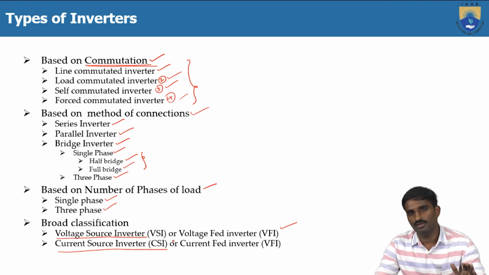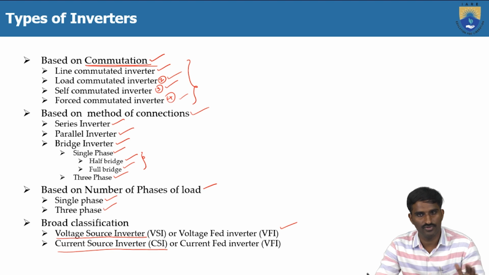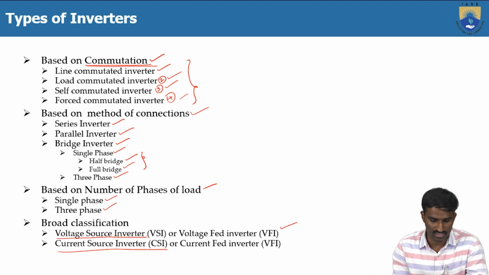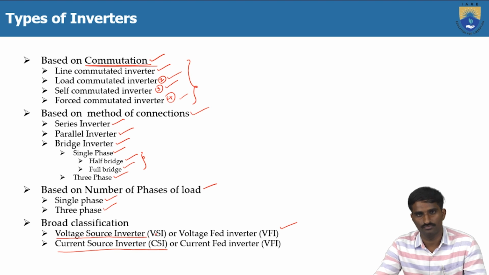In all the converters we discussed before, we used only the voltage source, either DC to AC or AC to DC. But only in inverters there is an extra facility that we can also use a current source instead of a voltage source as an input. That kind of inverter is called a current source inverter.